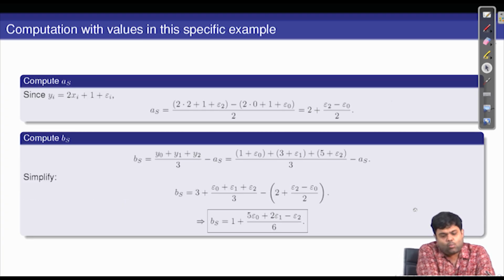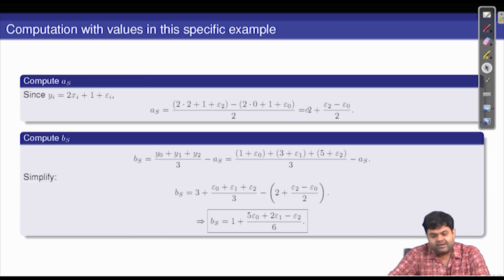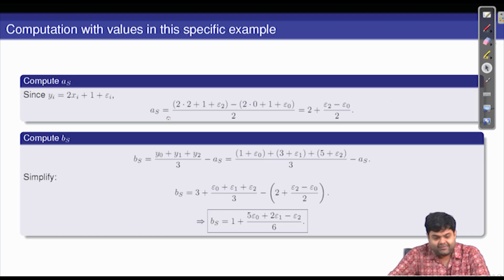Since yi is 2xi plus 1 plus epsilon i, you can put this in here, because a-hat and b-hat are both found in terms of yi's. Values of x's are given to you, so you can compute the corresponding values for a-hat in terms of these epsilons.